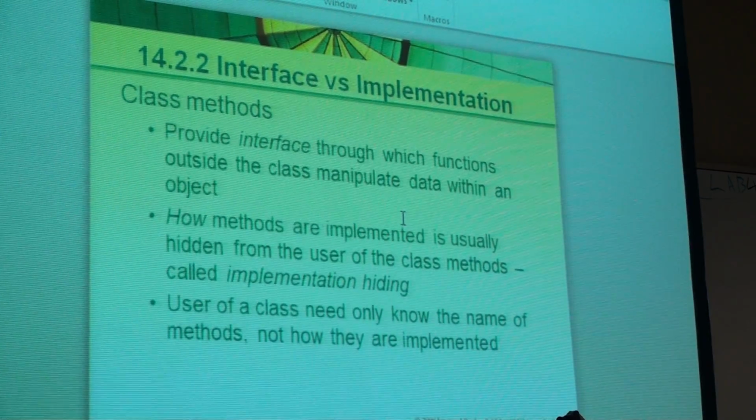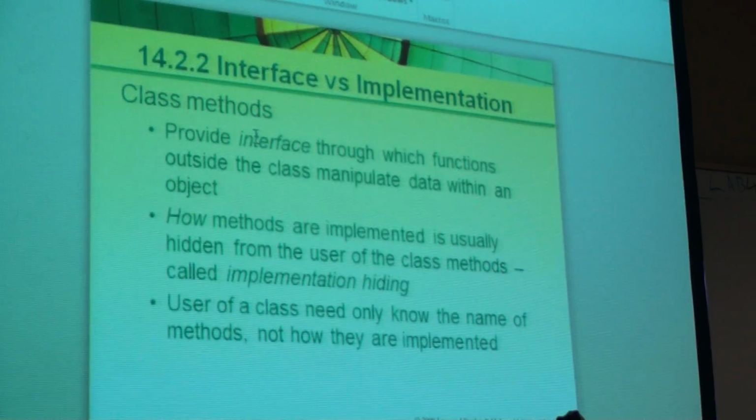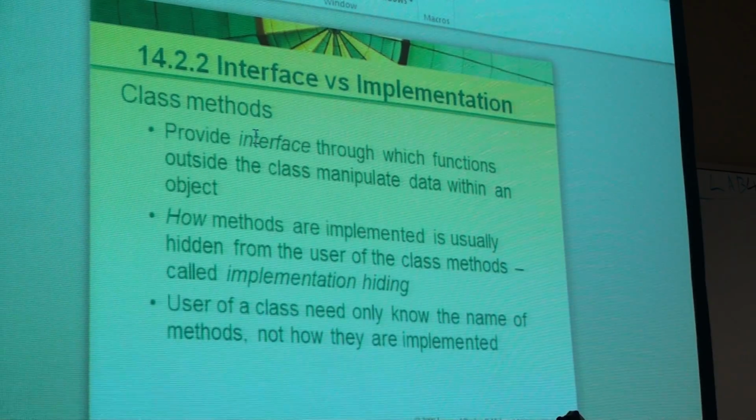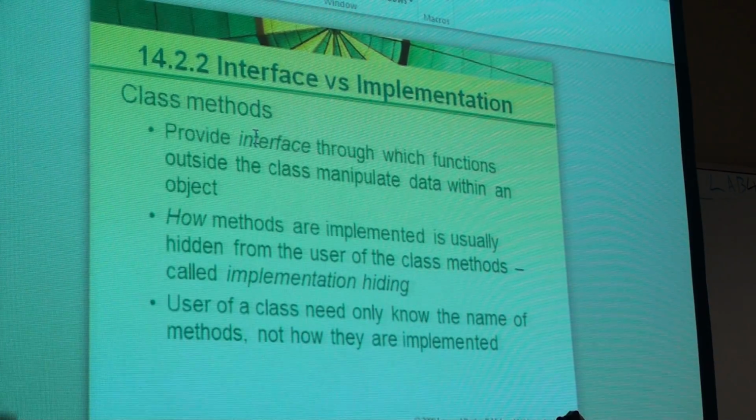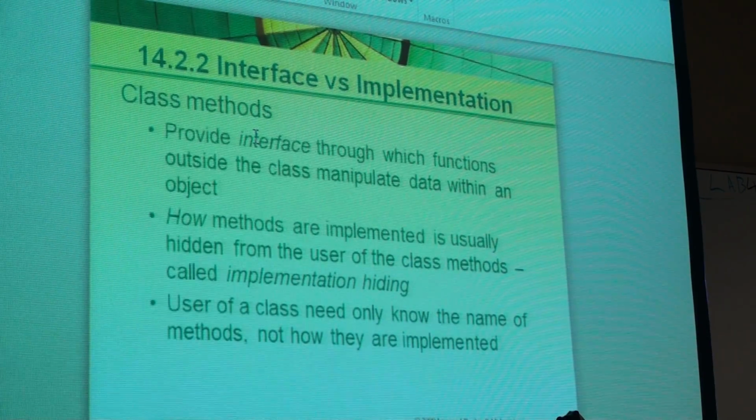Class methods provide this interface. So I might have a method called shake keys, rattle keys. And that's providing us an interface to get some behavior, some change in state.